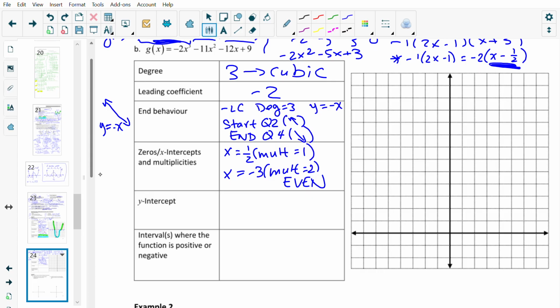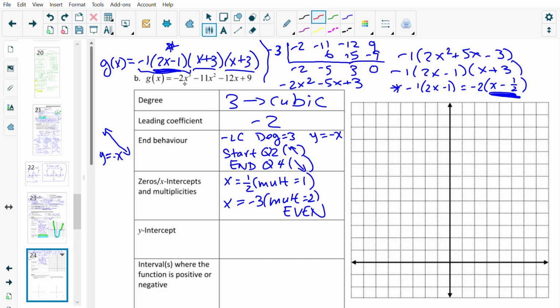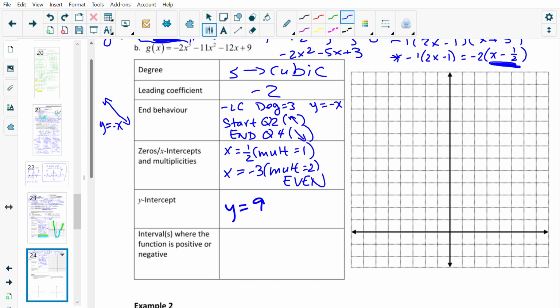Okay, so remember that for when we draw a graph. Y-intercept. This one, if x is 0, then I get 9. Y equals 9. Okay, intervals where the function is positive or negative. I'm going to leave that alone until we actually graph it, then you can see it a lot better.